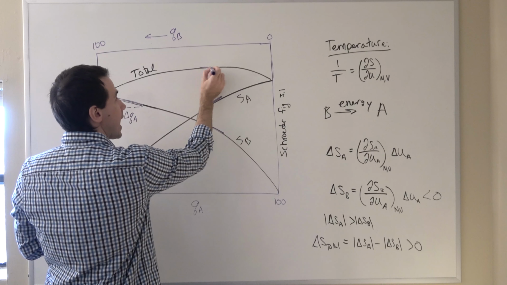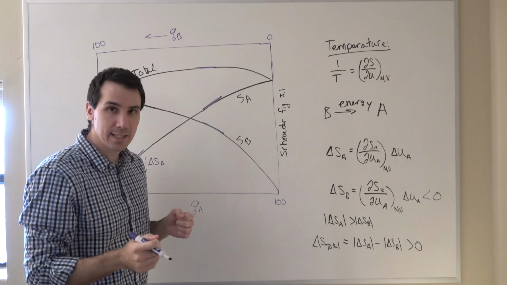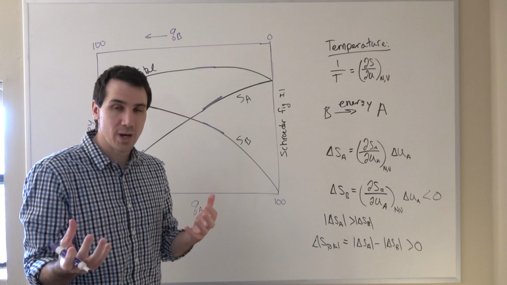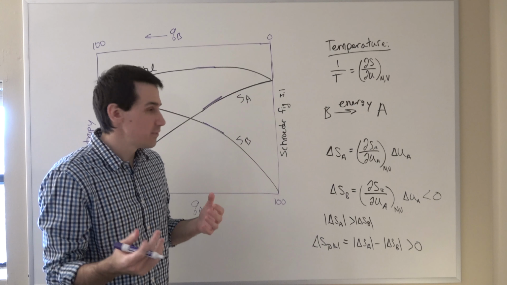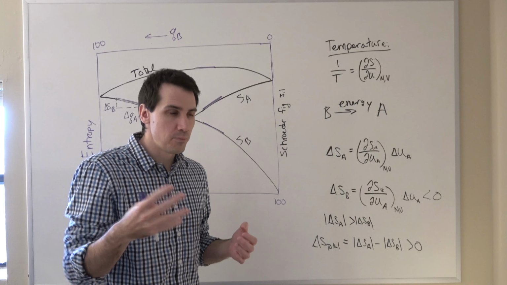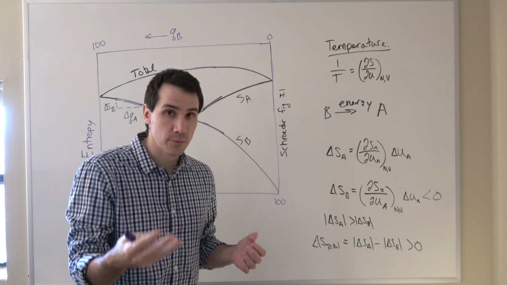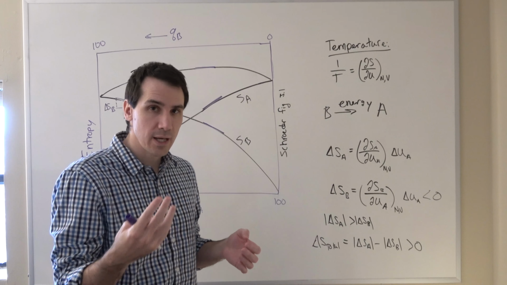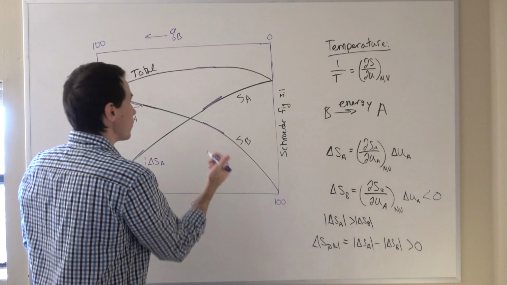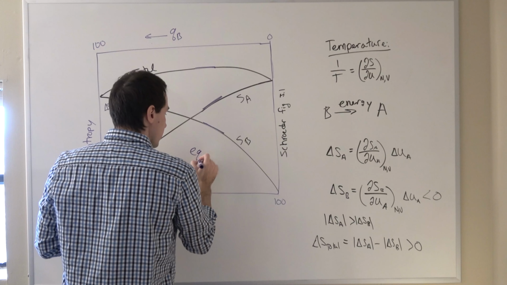That means that my entropy is at a maximum and the two objects no longer want to trade energy back and forth. They have reached an equilibrium where it's no longer beneficial in terms of entropy, in terms of number of microstates, for either of the objects to gain any energy. That is what we call equilibrium.